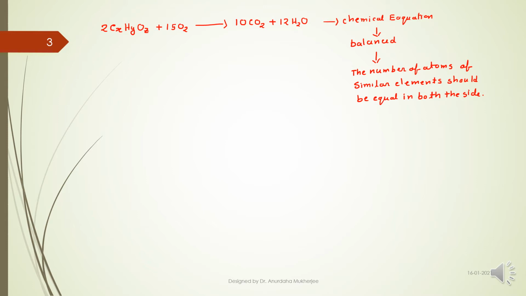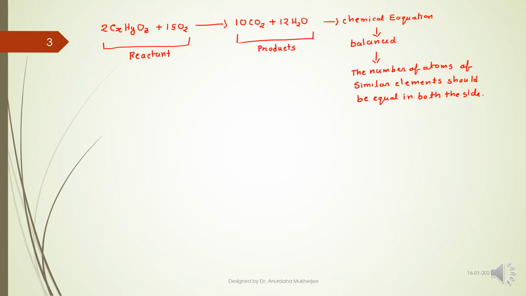The compounds on the left hand side are the reactants, and the compounds on the right hand side are the products.